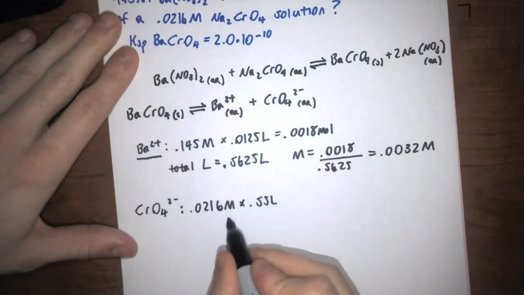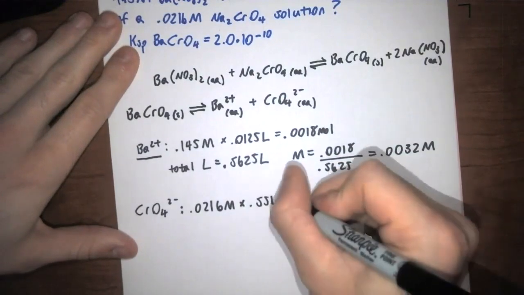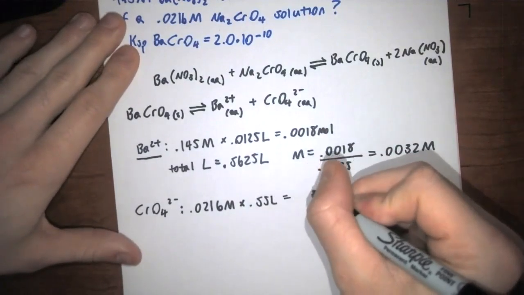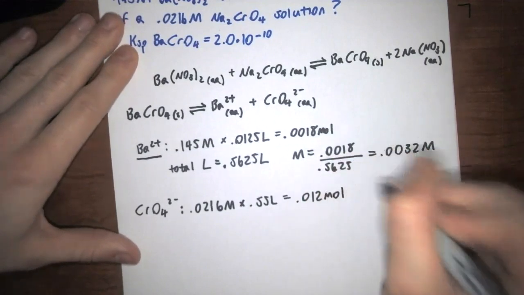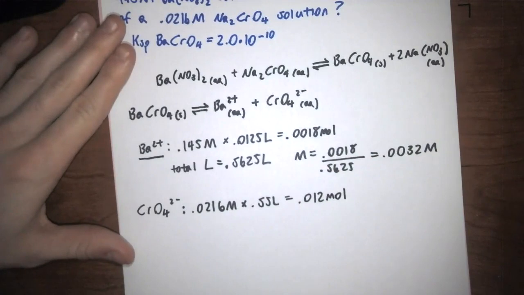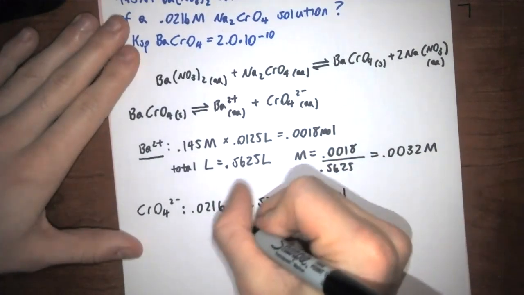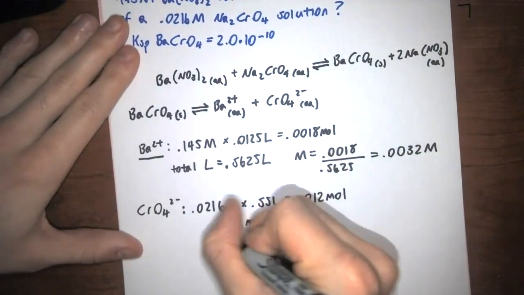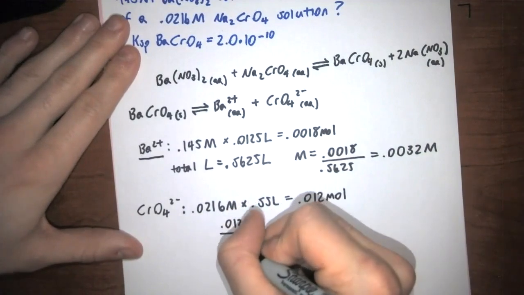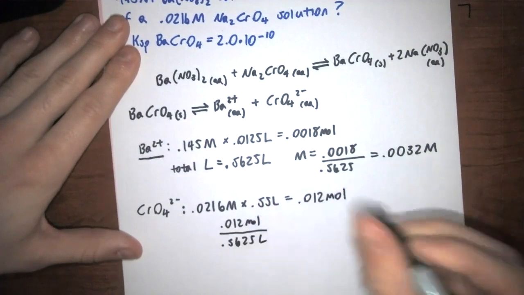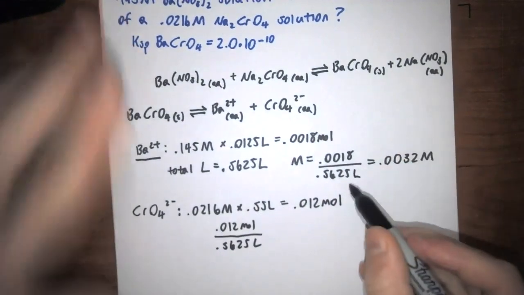So we take molarity times liters and we get a mole value, which in this case turns out to be 0.012 moles of chromate. Same process, 0.012 moles divided by 0.5625 liters, because again, we have the same liter value, right?